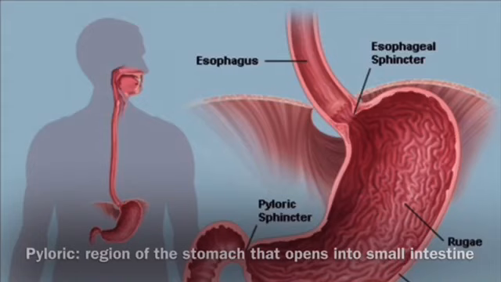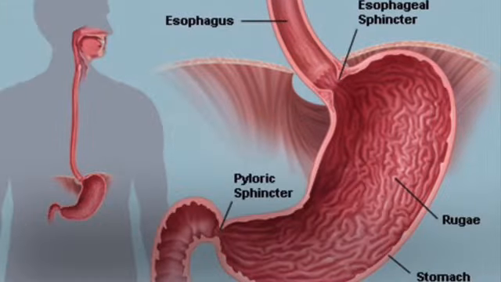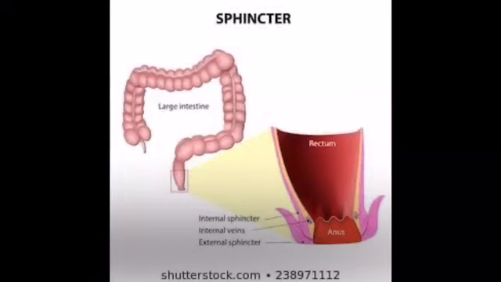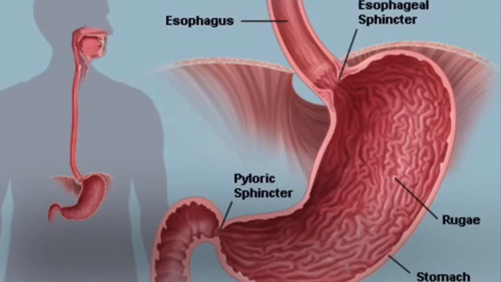At the junctions, from the esophagus to the stomach, from the stomach to the small intestine, and from the small intestine to the large intestine, there is a sphincter muscle. The rhythmic contraction and relaxation of the sphincter muscle allows only a small amount of food from one part of the alimentary canal to the other.